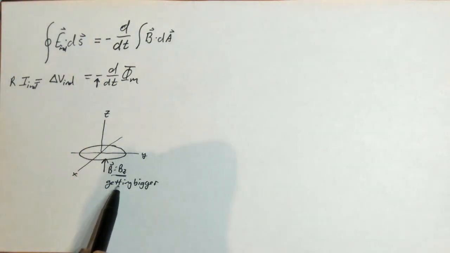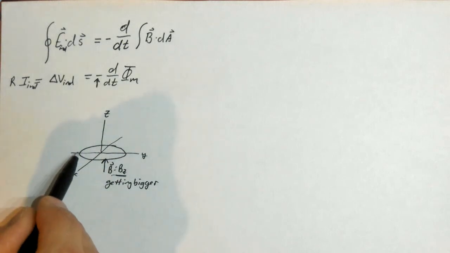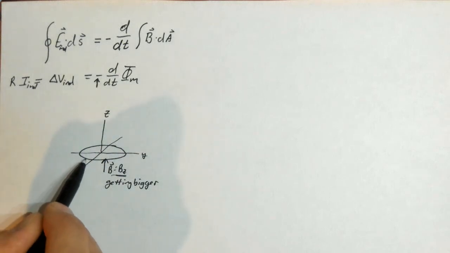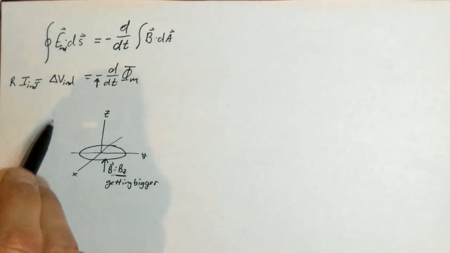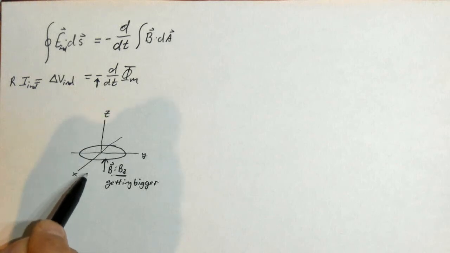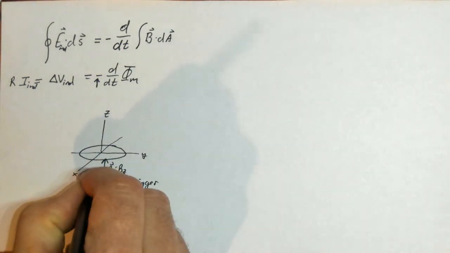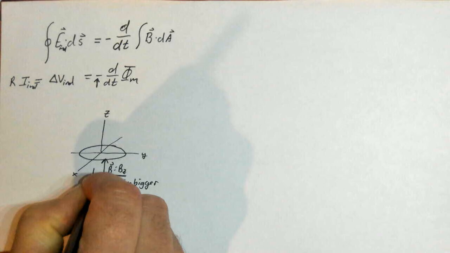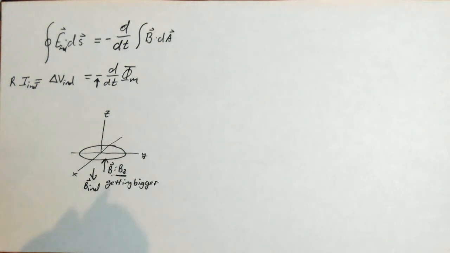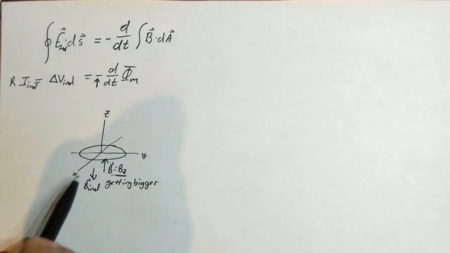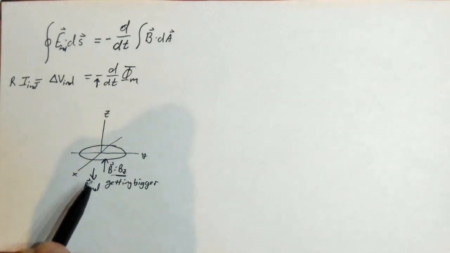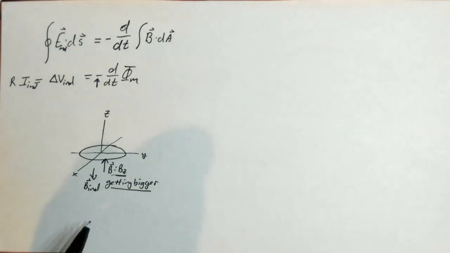It's getting bigger, so the electric field will create a current flow in this loop so that the loop creates a magnetic field opposite that. Since it's getting bigger this way, it wants to create a magnetic field that's going down. Okay, so the induced field is down. So the applied field from something else is up. The induced field is down to cancel that because it's getting bigger.